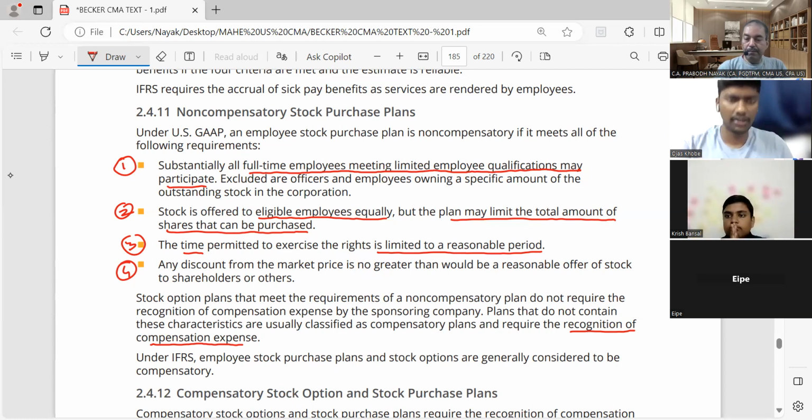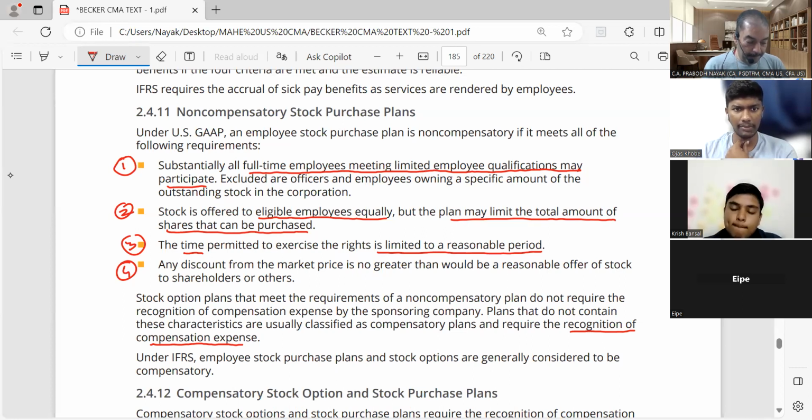Sir, it may be that in the compensating expenses, the company had already planned to give the option for stock purchases to the employee. Like it was already planned, but in non-compensatory, it was not planned. No. Then what is the meaning of compensation expense? What is the meaning of that?